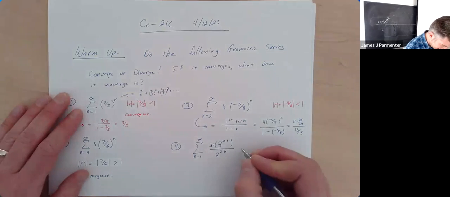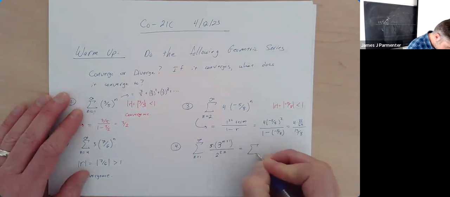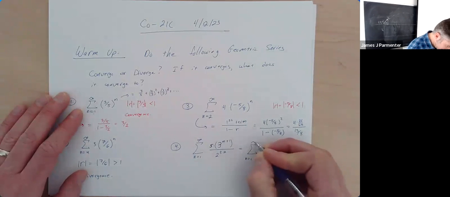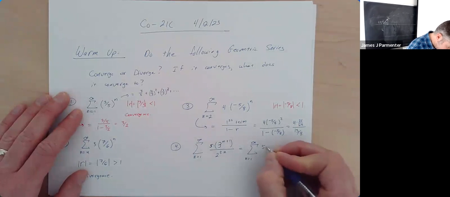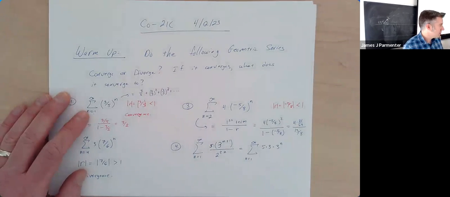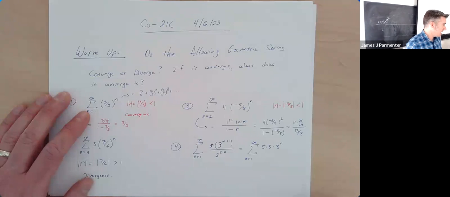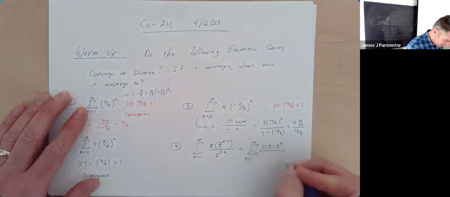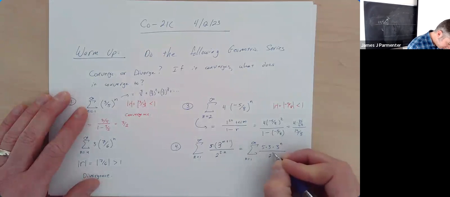I might rewrite this as the sum from n equals 1 to infinity of 5 times 3 times 3 to the n. Get rid of the n plus 1 there. 3 times 3 to the n is 3 to the n plus 1. And the bottom as 2 squared to the n.